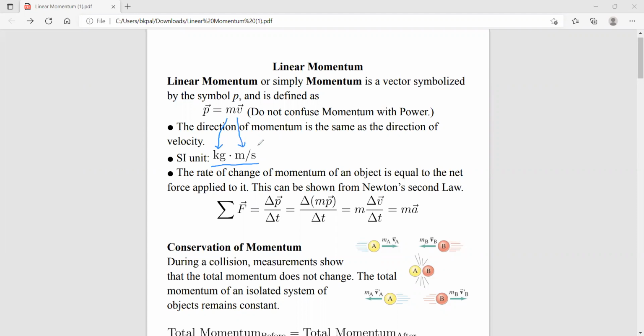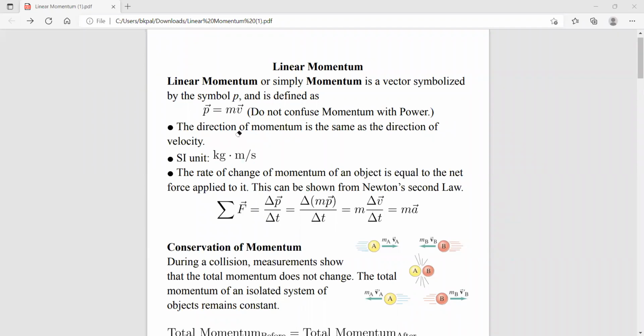So altogether it is kilogram times meter per second, and it does not have any special unit. So we basically write kilogram meter per second for the linear momentum. Okay, all right. Now let's move on.